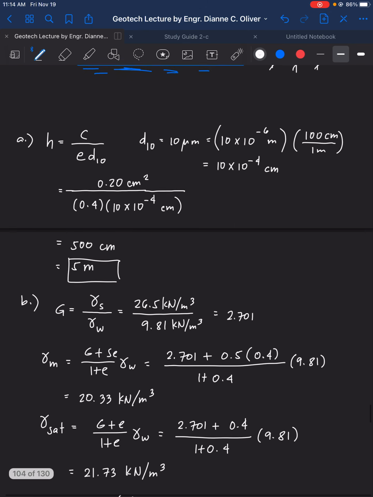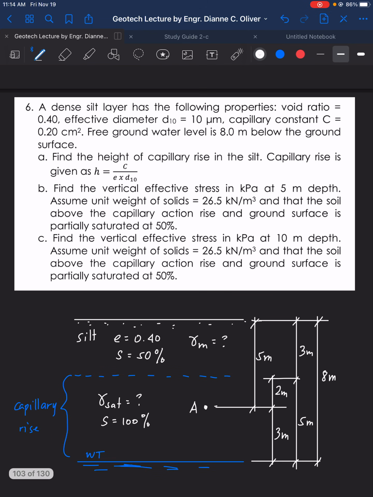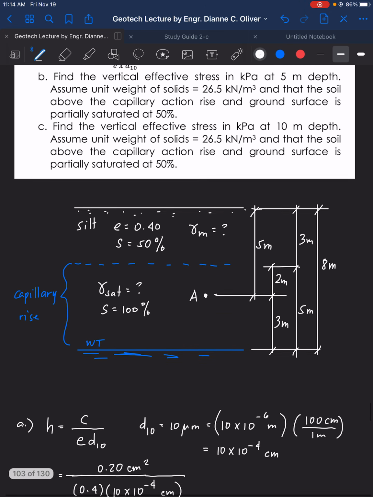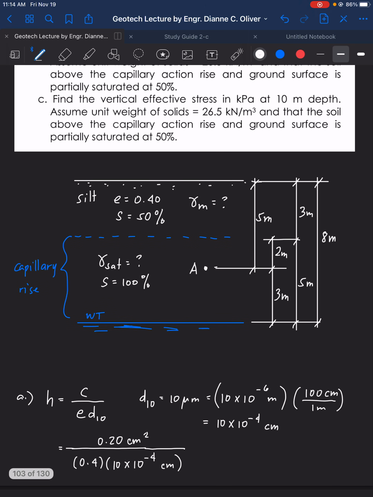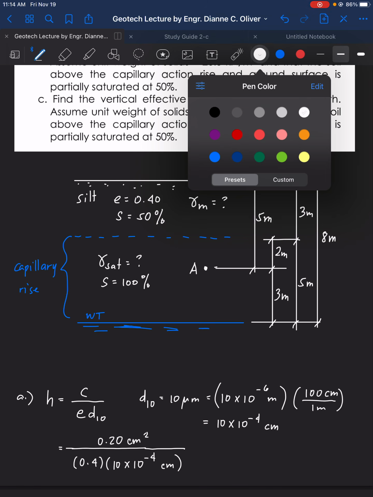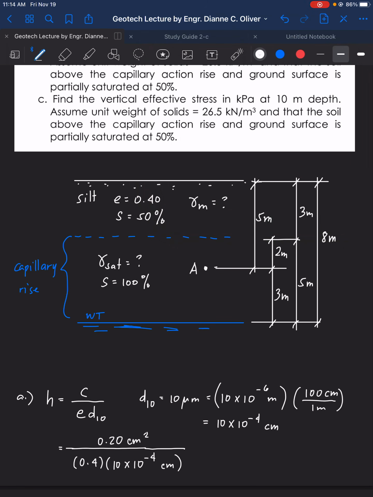Now let's go to the letter C. Find the vertical effective stress in kilopascal at 10 meters depth. And then same condition as point B. 10 meters depth. So this is the ground surface, then 10 meters depth, so another extra 2 meters.